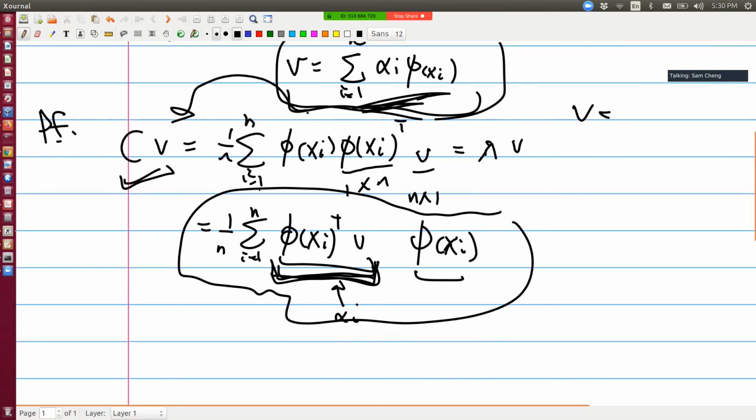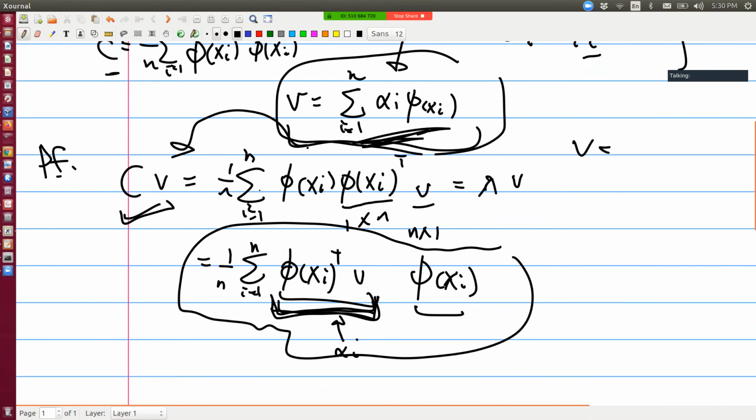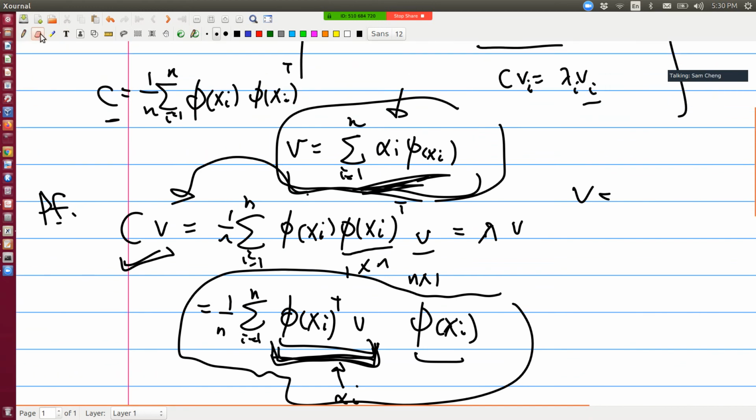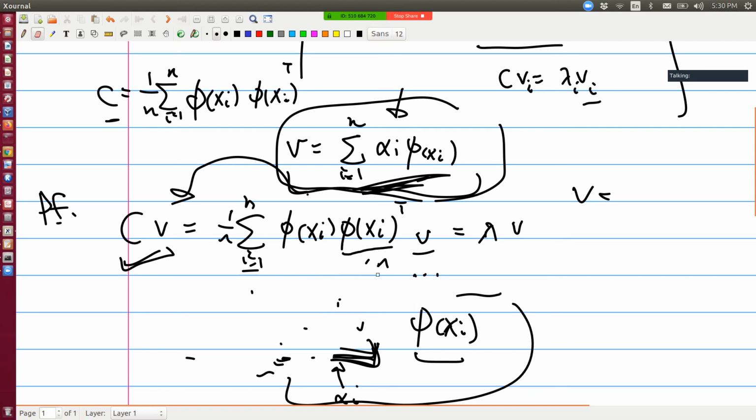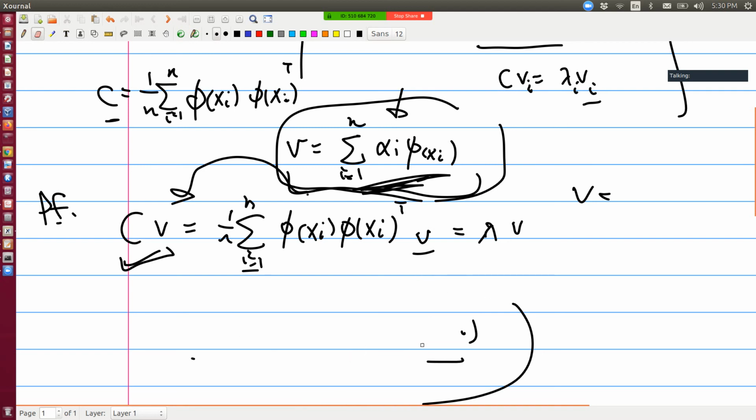So let me substitute this. Maybe I just erase something. It's better than moving back up and down. So I just substitute into here.